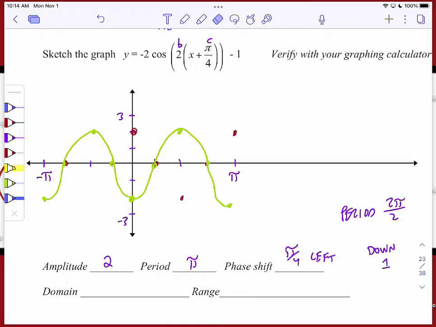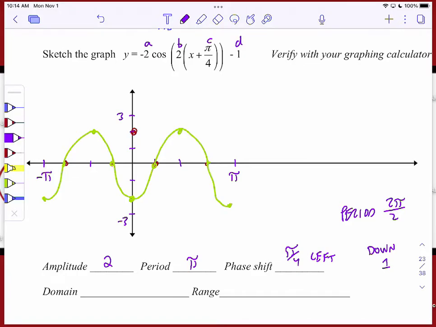So I'm going to get rid of that original one now. So that is the flip from the negative at the very front, the period change from the B, and the amplitude, which I didn't really write down, but this is the A value right there.